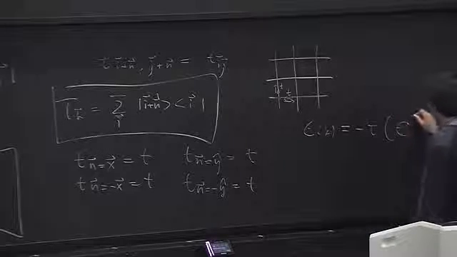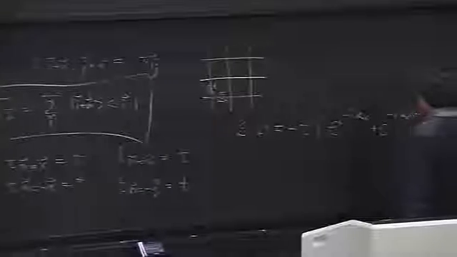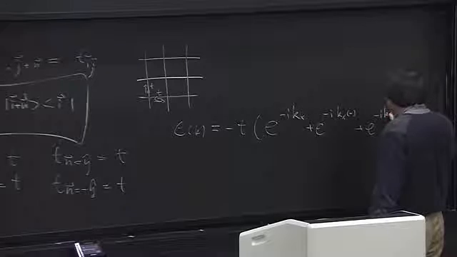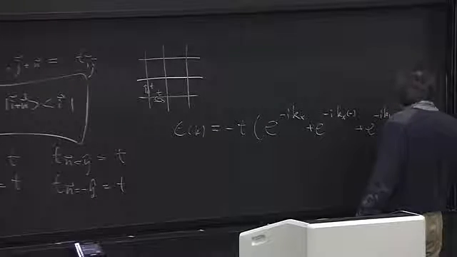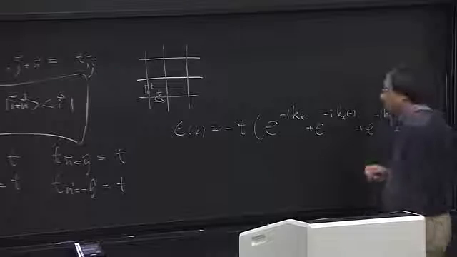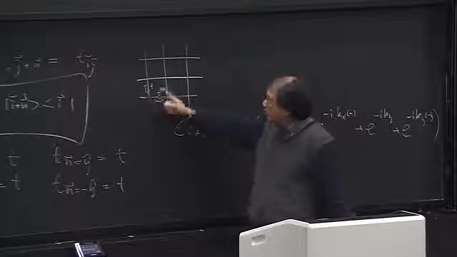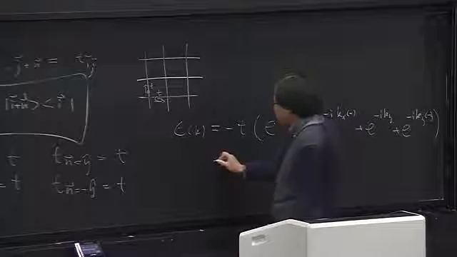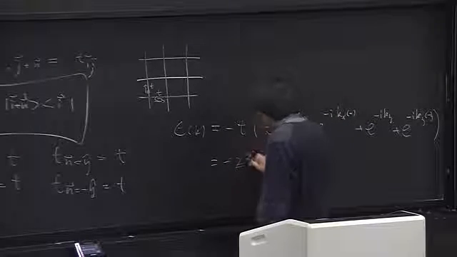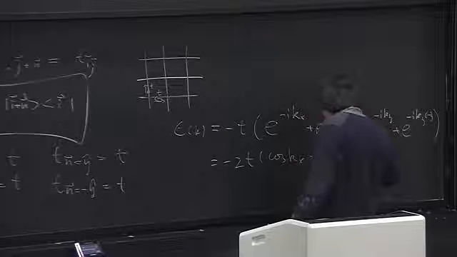We have e to the minus i kx plus e to the plus i kx, but with minus sign, and plus e to the minus i ky, and plus e to the plus i ky with minus sign. Okay? So just 4 terms, because we have 4 hoppings, backwards and forward. Combine this together, very simple: minus 2t times cosine kx plus cosine ky.